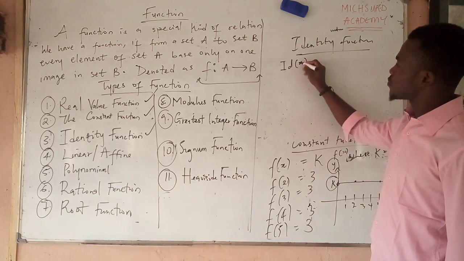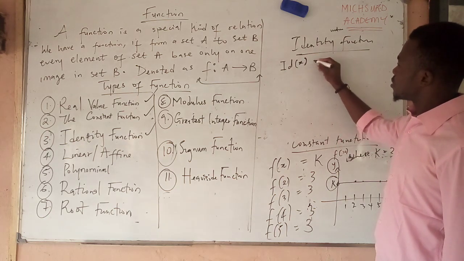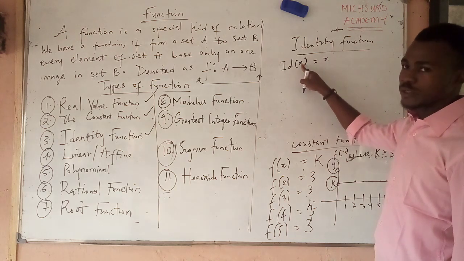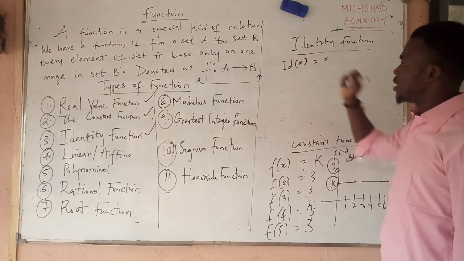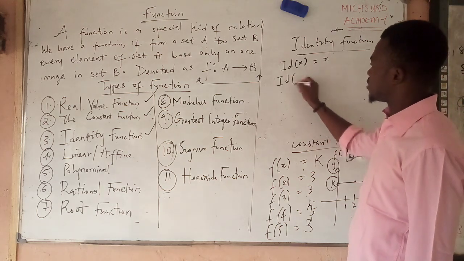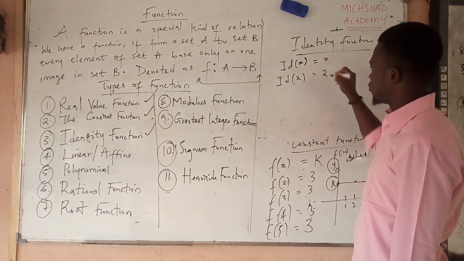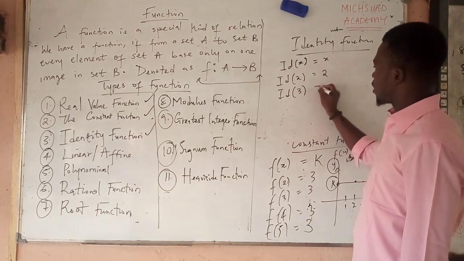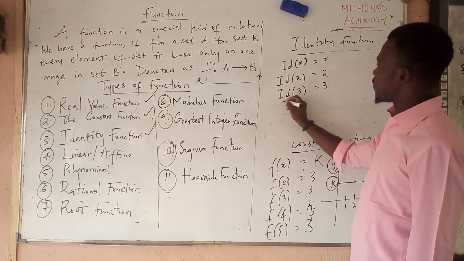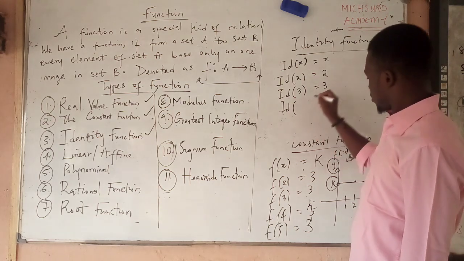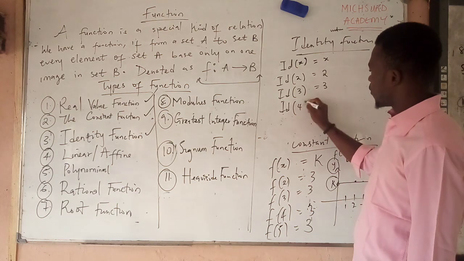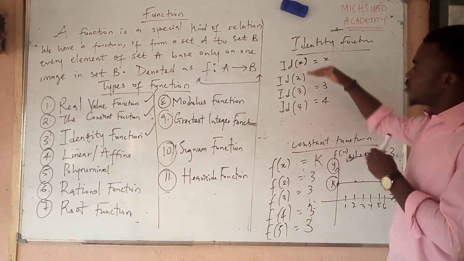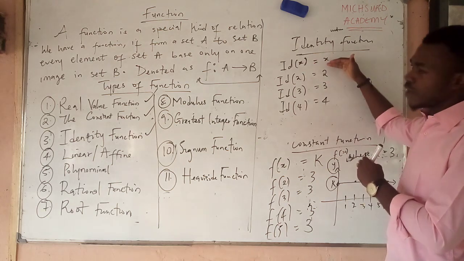It gives us back the same variable that we put in. So if I want to find the identity function of 2, I get 2. If I want the identity function of 3, I get 3. If I find the identity function of 4, I get 4. So you see, for every value of x you put in, you get that same value as your output.